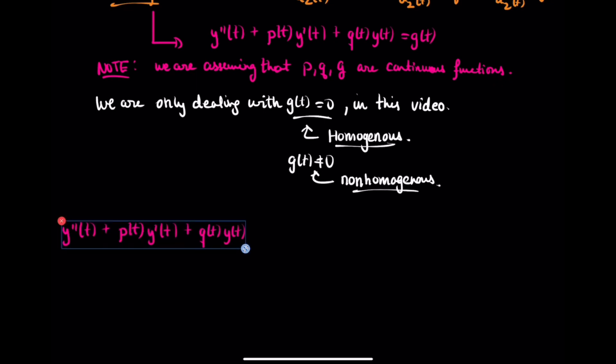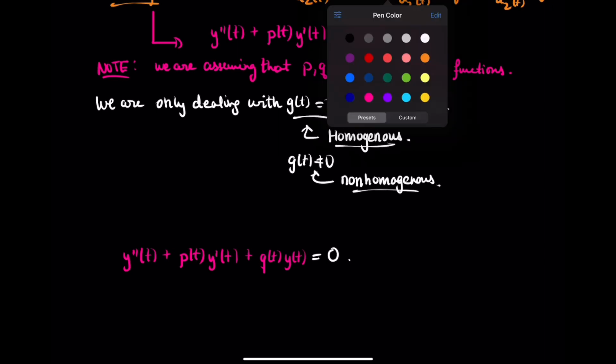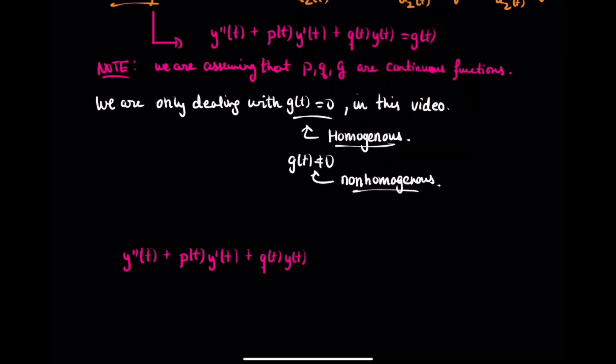We're only dealing with this equal to 0. Maybe I should make that pink. Then I can make this white. All right, so cool. This is what we're dealing with.